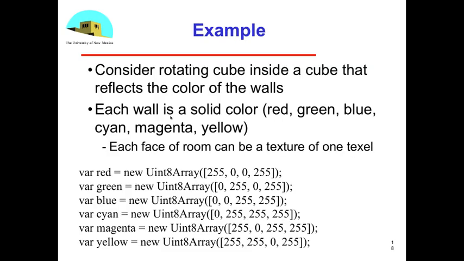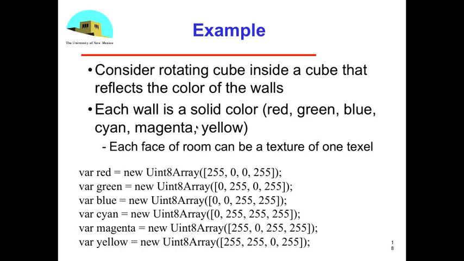Okay, so let's look at this example. What we're going to do is the rotating cube inside of another cube. So what I did for this example is I said, well, suppose I put a totally reflecting cube, so it has no color of its own.